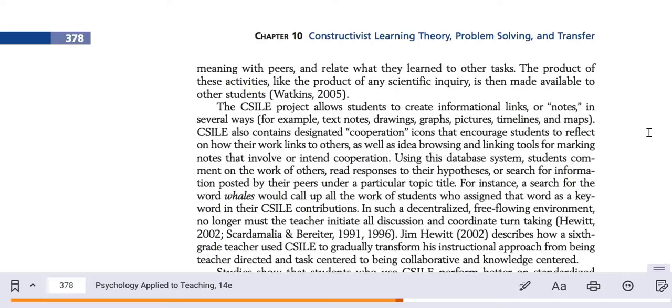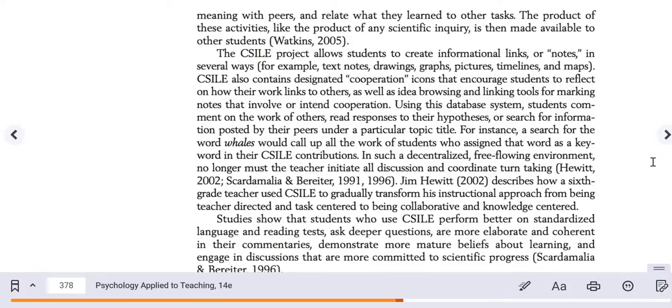The CSILE project allows students to create informational links or notes in several ways. For example, text notes, drawings, graphs, pictures, timelines, and maps. CSILE also contains designated cooperation icons that encourage students to reflect on how their work links to others, as well as idea browsing and linking tools for marking notes that involve or intend cooperation.